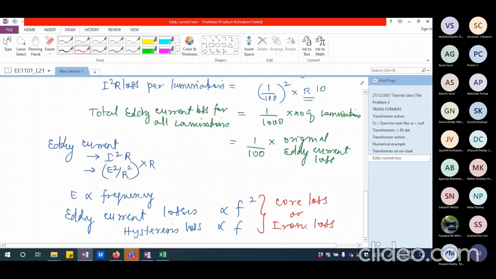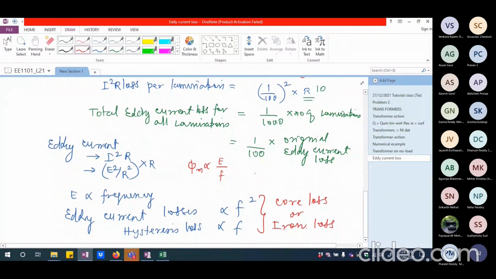So never will the flux in the core change. The core flux is going to almost remain as a constant as long as you apply rated voltage and rated frequency, because flux is proportional to whatever is the voltage divided by frequency.